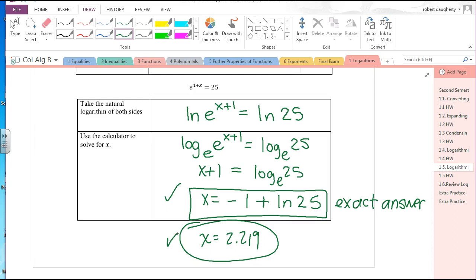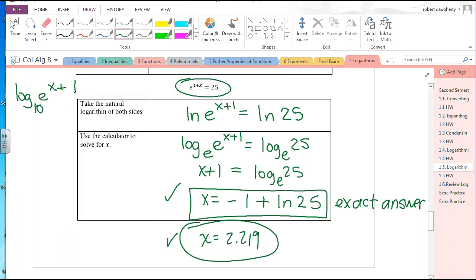Okay, so the skill here is whenever you see an exponential, look at what the base is, and you need to take the logarithm of that base. It wouldn't make sense if I took the log base 10. Let's just say, for example, if I did the log base 10 of e to the x plus 1, I don't know what that is.